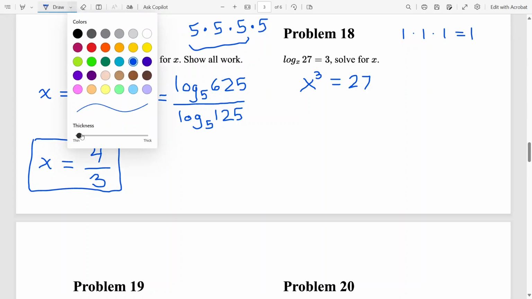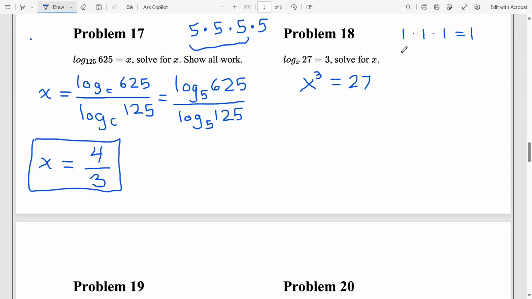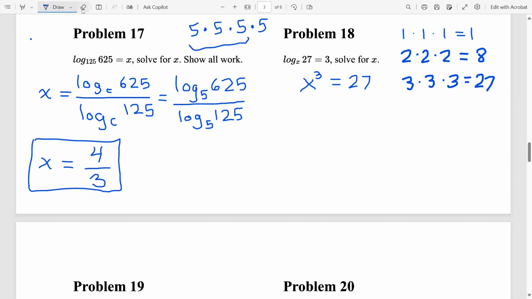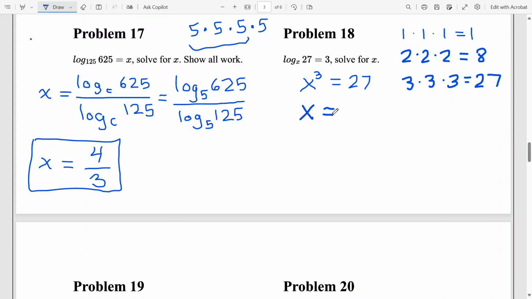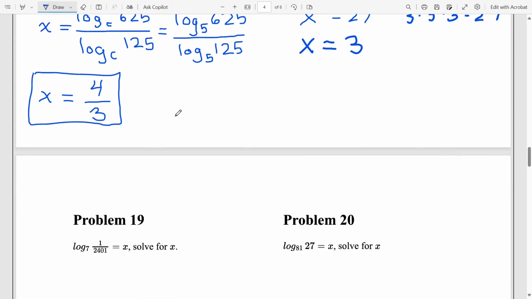Okay, so if we do 2 times 2 times 2, that's going to be 8. So that's still not there. But if we do 3 times 3 times 3, 3 times 3 is 9, times 3 again is 27. So x should be 3. All right, let's keep going.